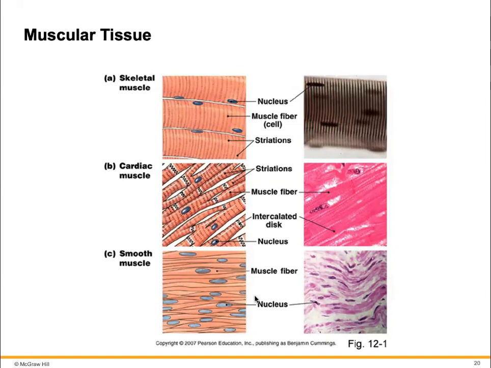Skeletal muscle, we do have conscious control over, and the skeletal muscle is actually more organized. And when I say organized, I mean how the cells are oriented in comparison to one another than the other two. Now, the similarity that you'll see between skeletal muscle and cardiac muscle is that they both have what we refer to as striations, which is this banding pattern that exists because of overlapping microfilaments, specifically actin and myosin.